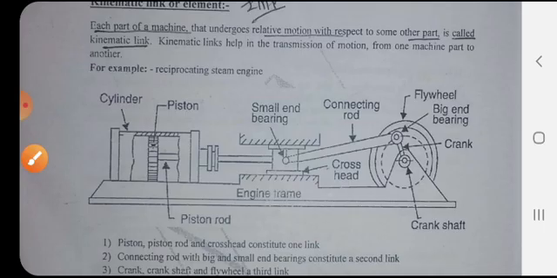So the total combination of all these four links is nothing but a kinematic chain.